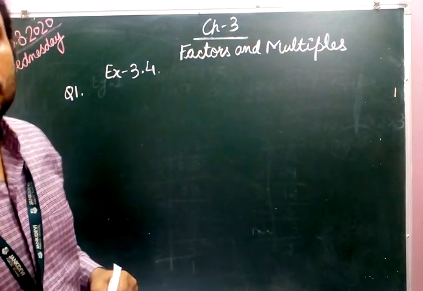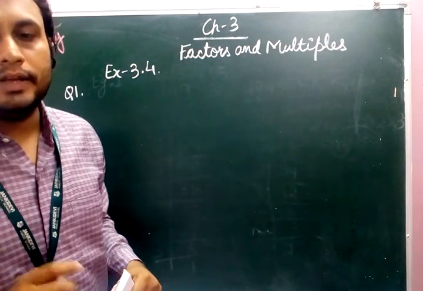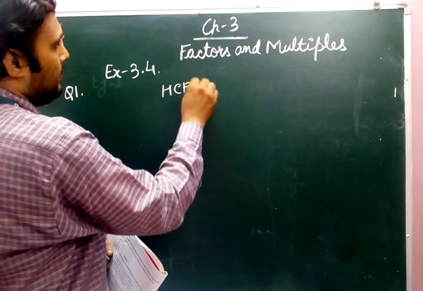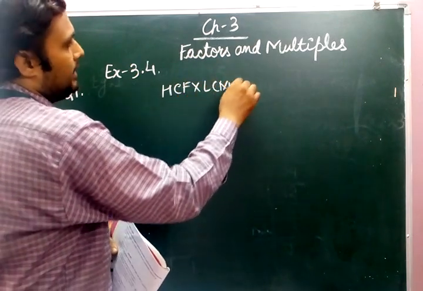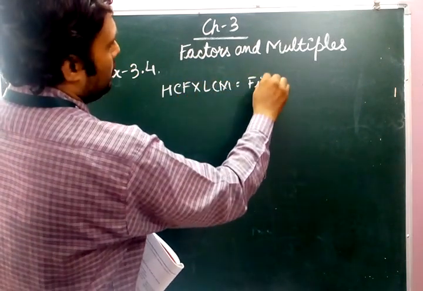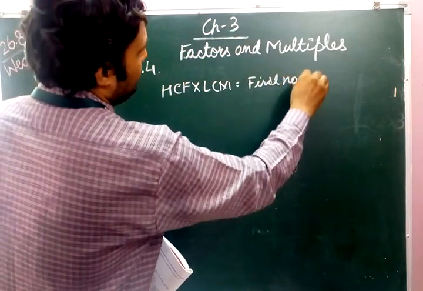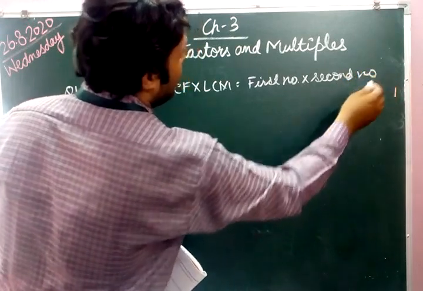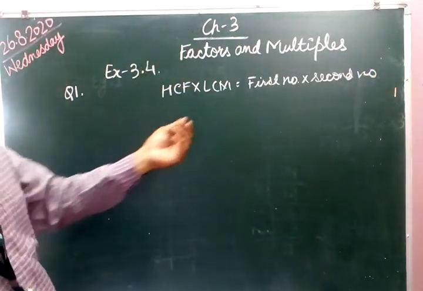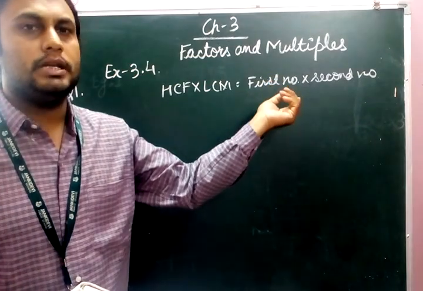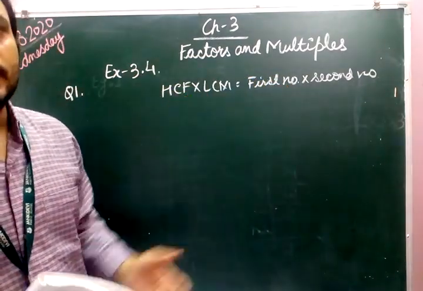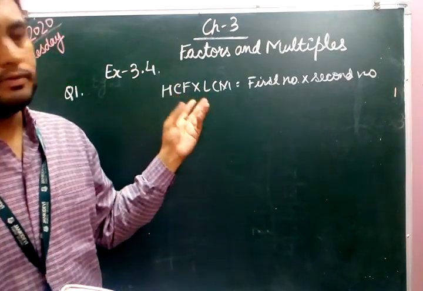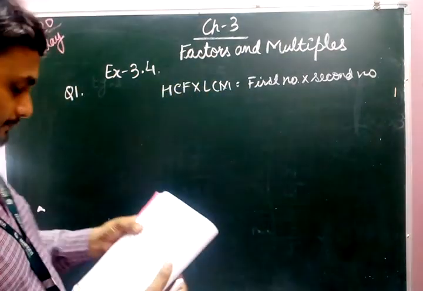Yesterday in our previous class we did a formula: HCF multiplied by LCM equals first number multiplied by second number. This is the relation we discussed yesterday. The product of two numbers is the product of their HCF and LCM. Three quantities are given to us, so we can easily find the fourth one.